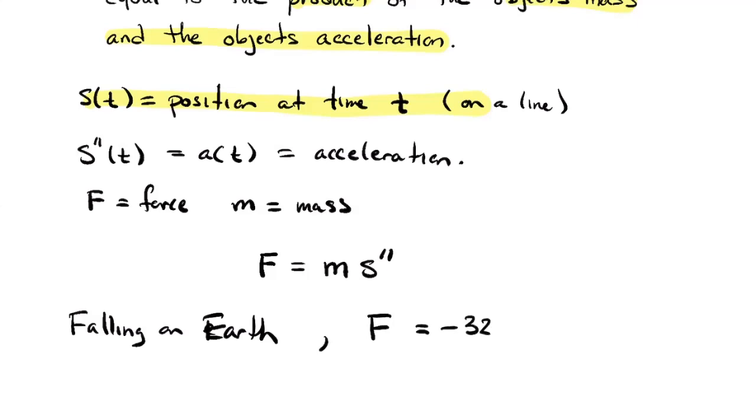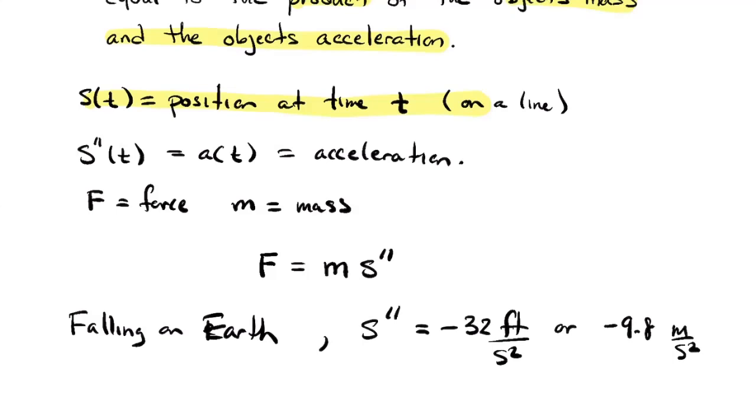It's negative 32 feet per second squared, or negative 9.8 meters per second squared. The acceleration is a constant on Earth. So in other words, we know the force, it's the force of gravity, right? So solving that differential equation is basically tantamount to determining where this object is at any time t.